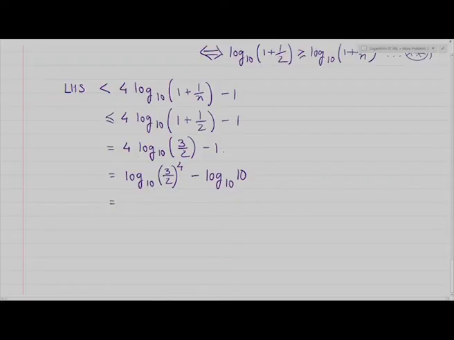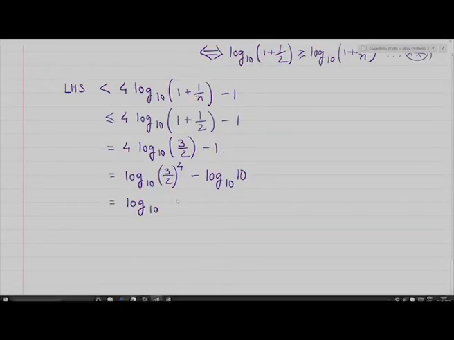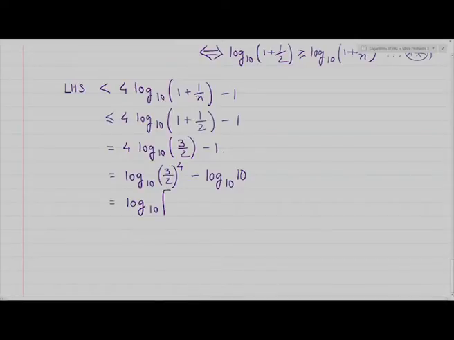If I use my multiplication rule, power law and quotient rule together, then I will get log to the base 10 of a number of the form 3 raised to 4, 3 3s are 9, 9 into 9 is 81, upon 2 raised to 4, which is 16, and minus log to the base 10 of 10, I will apply the quotient rule. So this is into 10. So this is equal to log to the base 10 of 81 upon 160.